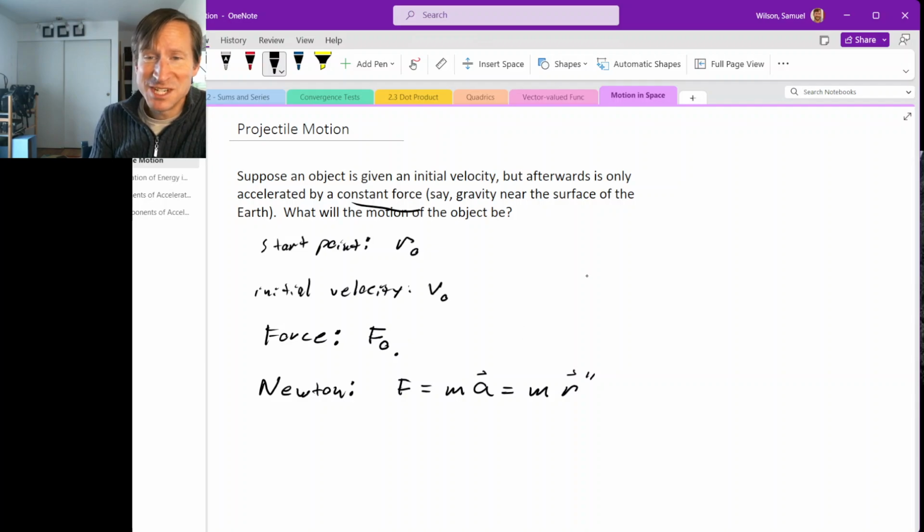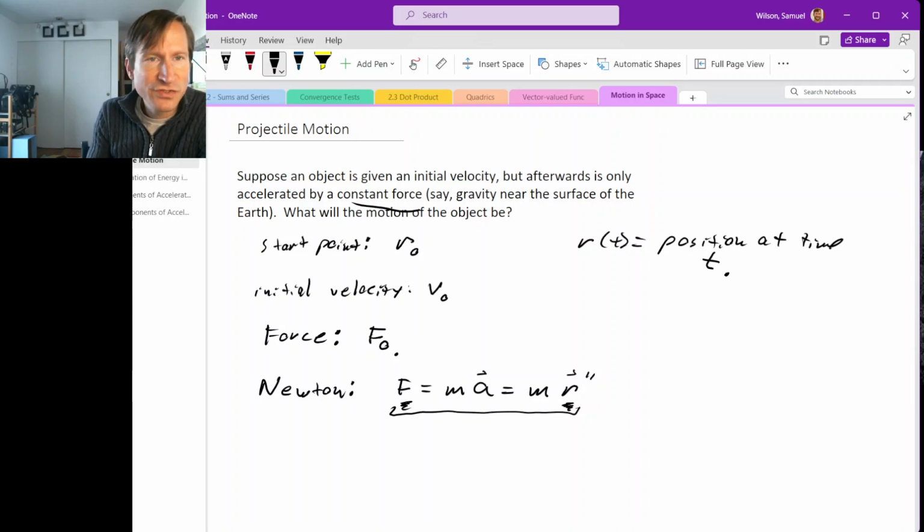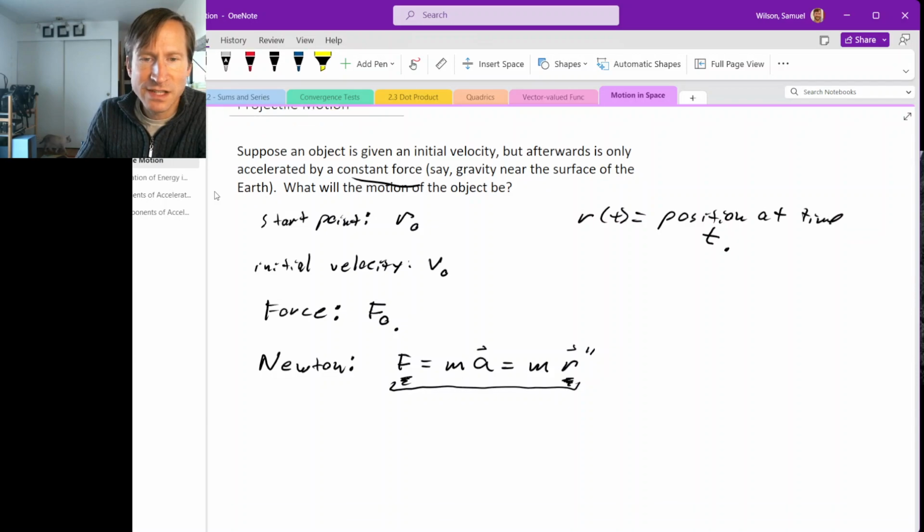I guess we need to make note of the fact that we're using r of t for the position at time t. Newton's second law tells us how to relate what we know about the force to our vector valued function r. So let's use this.